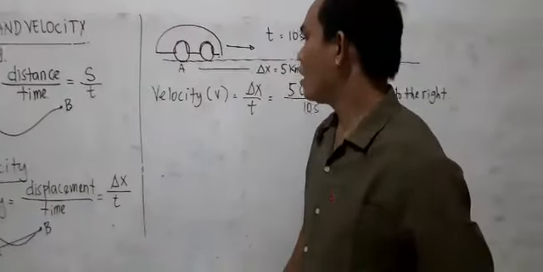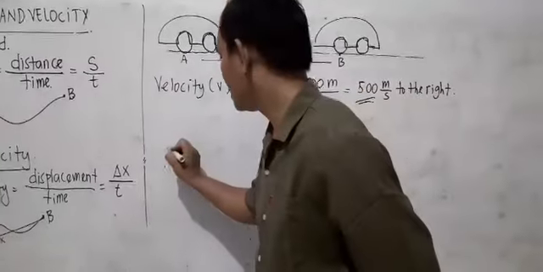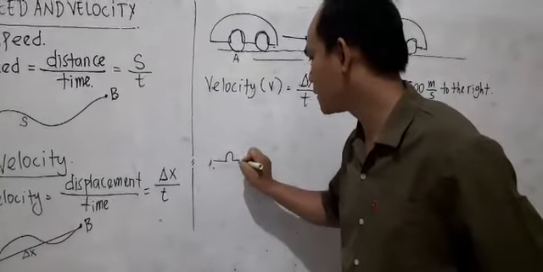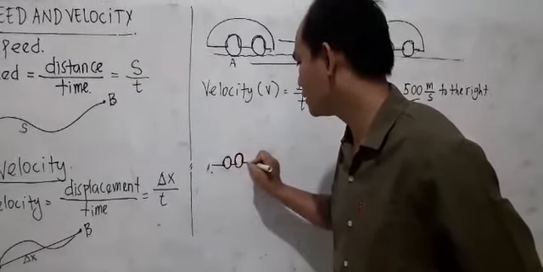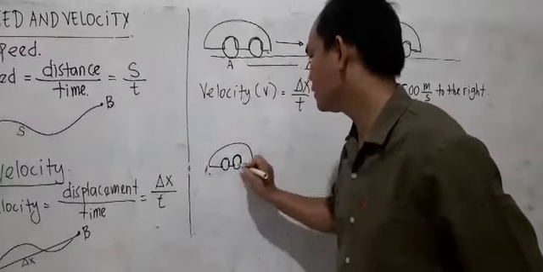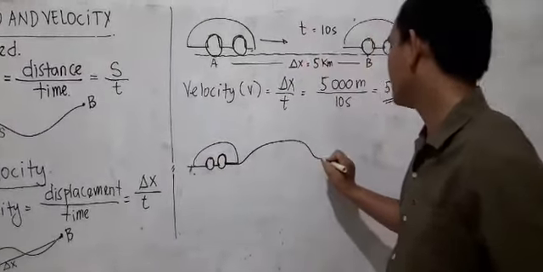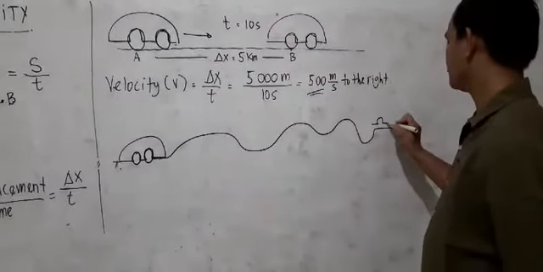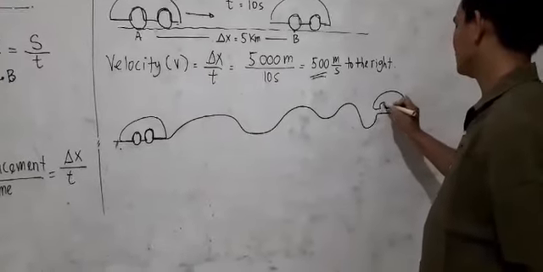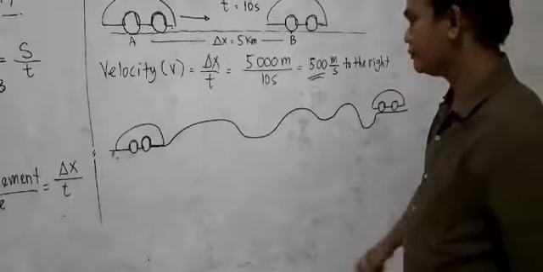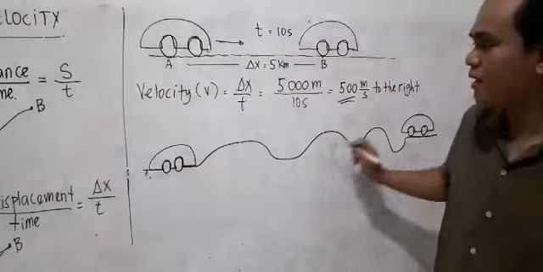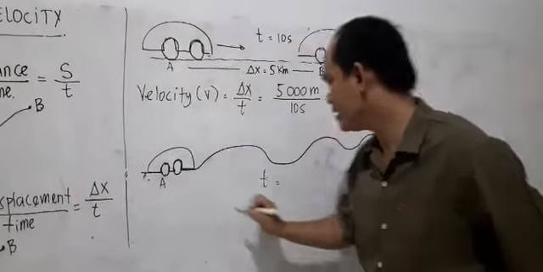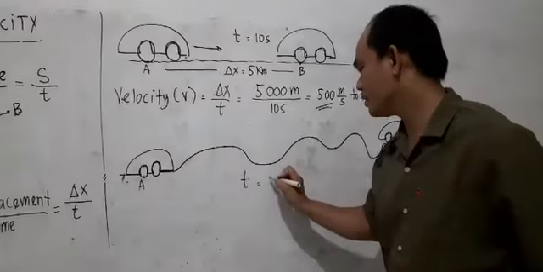Now how about the case for speed? When this same small car travels in this direction and reaches this point, you will ask what is the speed of the car when the time taken to get from point A to point B is, for example, 20 seconds.